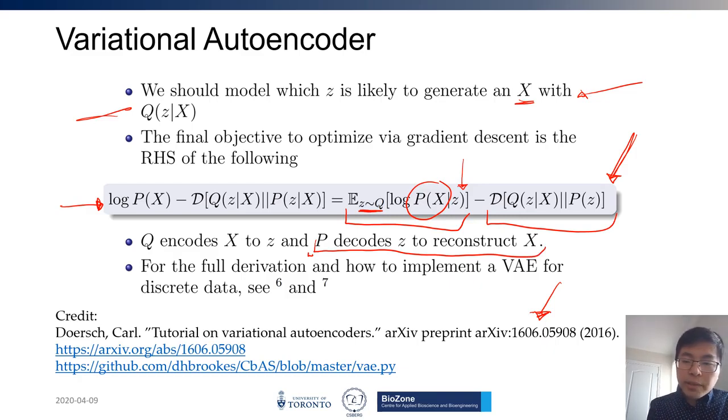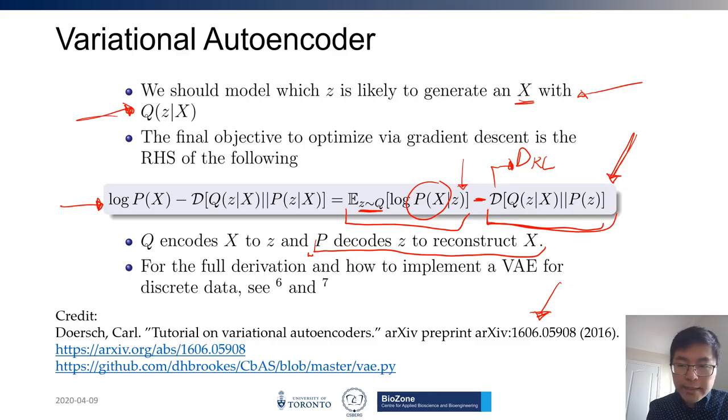Here, the second term is the KL divergence. So script D here means DKL. This is the KL divergence between your optimal latent code distribution versus your original latent code distribution. So this is to prevent your optimal distribution of Z from being that far away from your original distribution. I say you want to minimize the second term because you have a minus sign.